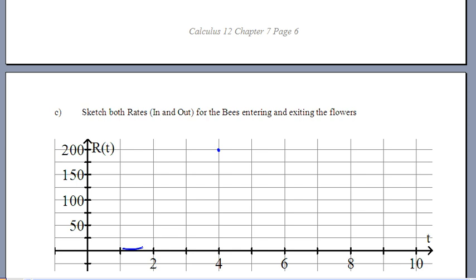It kind of goes just like this. Okay, fair enough. And that rate is in bees per minute. And that's my entering rate.